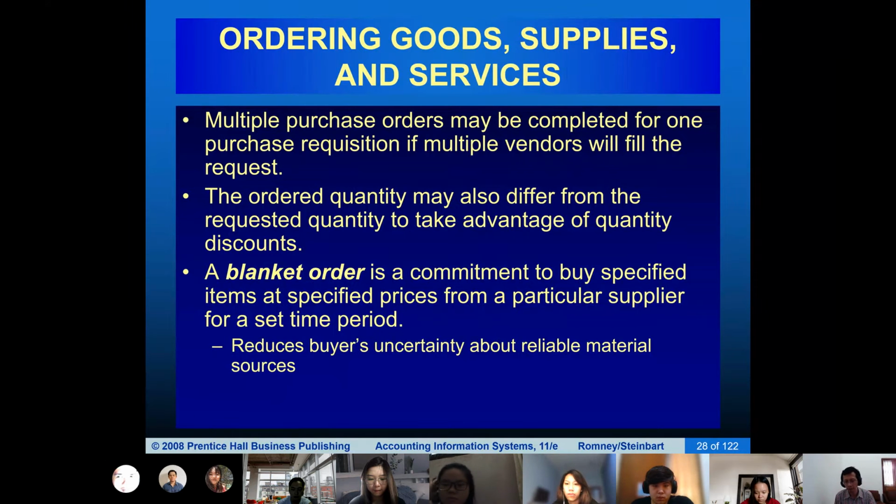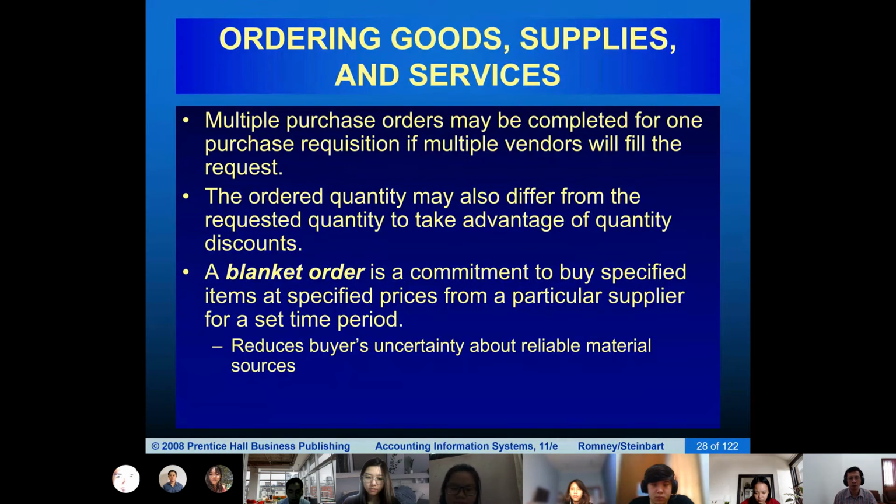One purchase requisition can be translated into more than one purchase order because it's so huge that no supplier could deliver that on their own. So probably if we order 1,000 papers, and a supplier only provides 500, then we need 2 suppliers. And that's translated into 2 purchase orders.